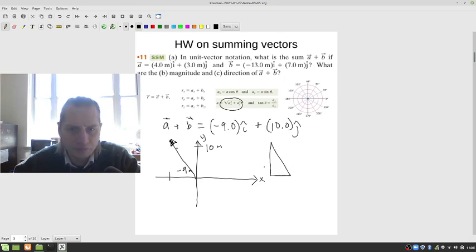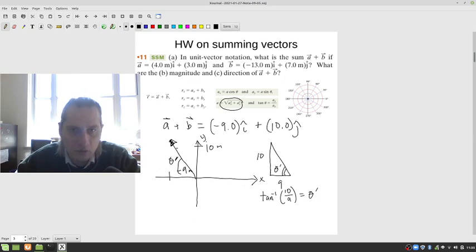And so here's a triangle with 10 on one side and 9 on the other side. If you wanted to find that angle, you could always use inverse tangent of opposite over adjacent, so 10 over 9. That would give me this angle right there.